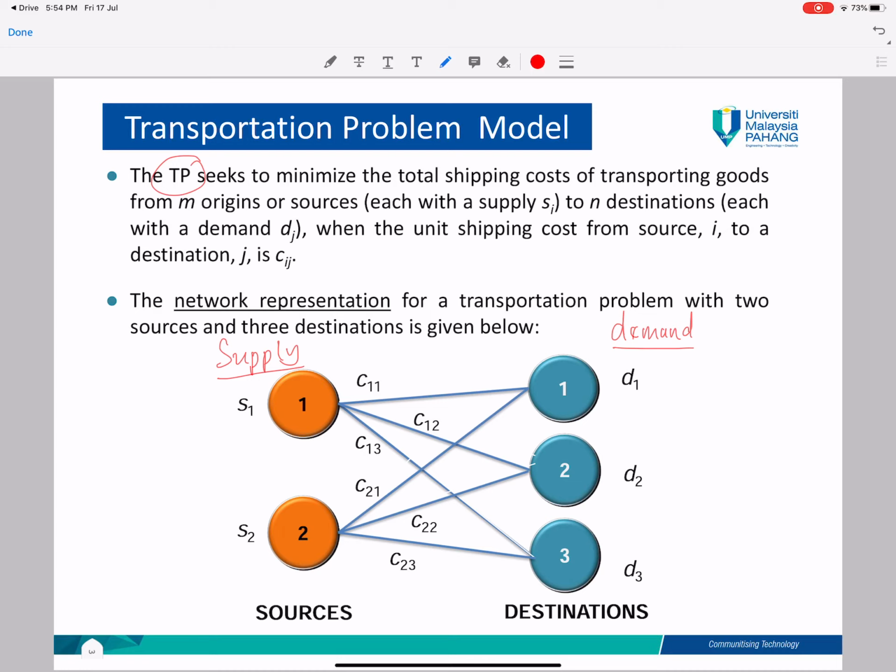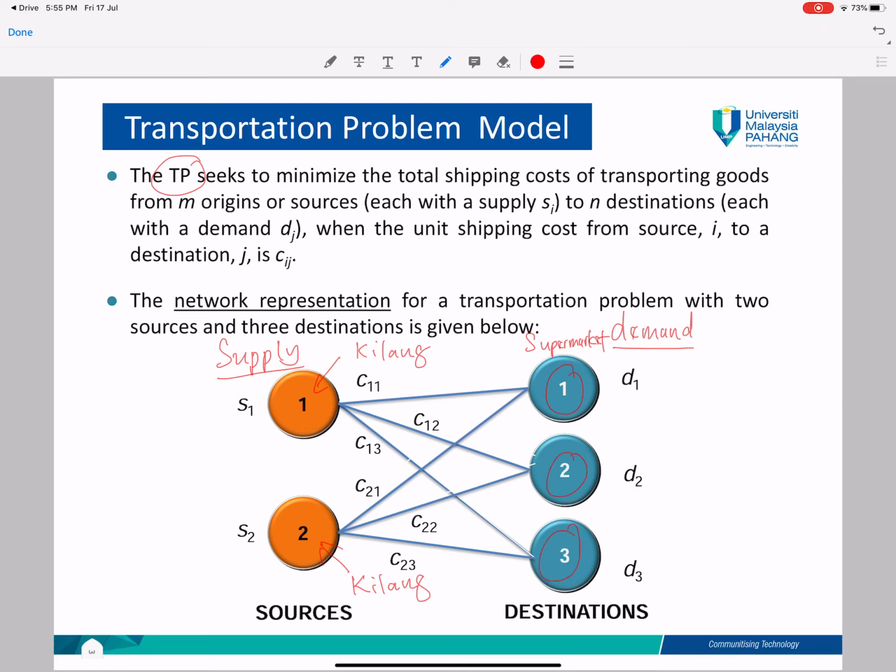Contoh macam saya bagi tadi, katalah kita ada kilang. So, this is kilang 1. Yang ni kilang nombor 2. Lepas tu kita ada supermarket 1, 2 dan 3.